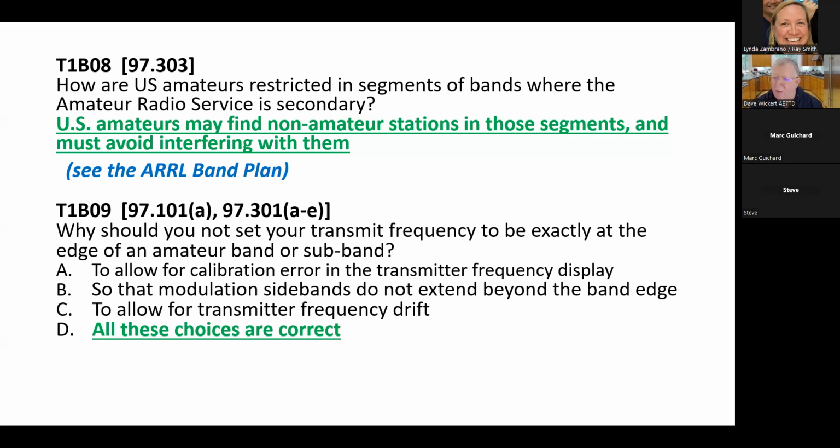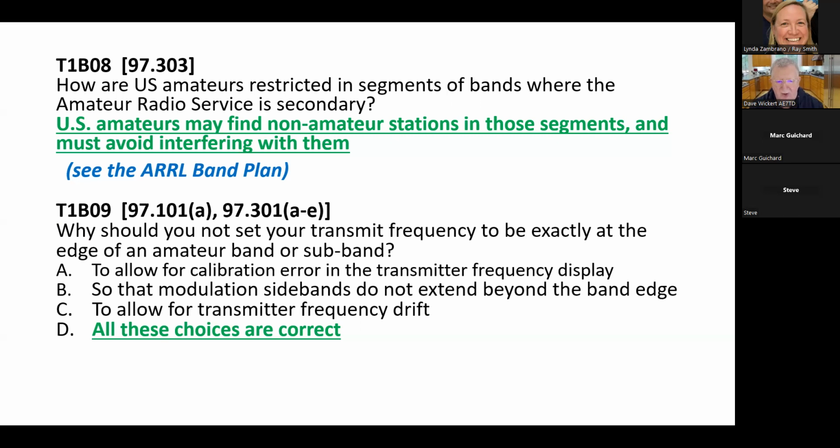So you think you're right on the edge, but in reality, you're actually transmitting outside of the band and could be interfering with some allocation that's right up against the amateur radio band. So you need to be careful. You need to back off a little bit to give room, so that if you did have some kind of calibration error, you would not interfere with the radio station on the other side.